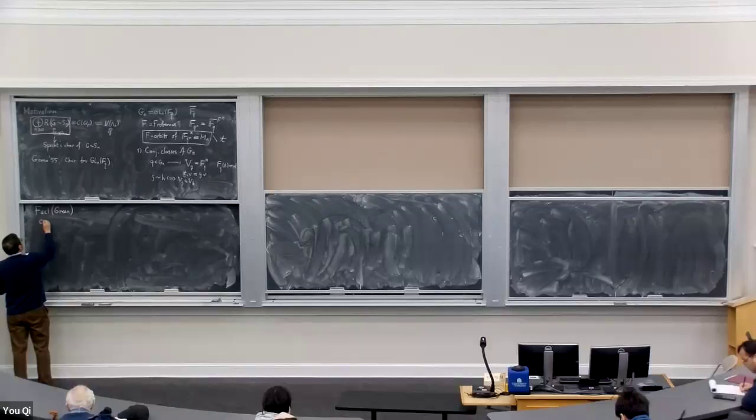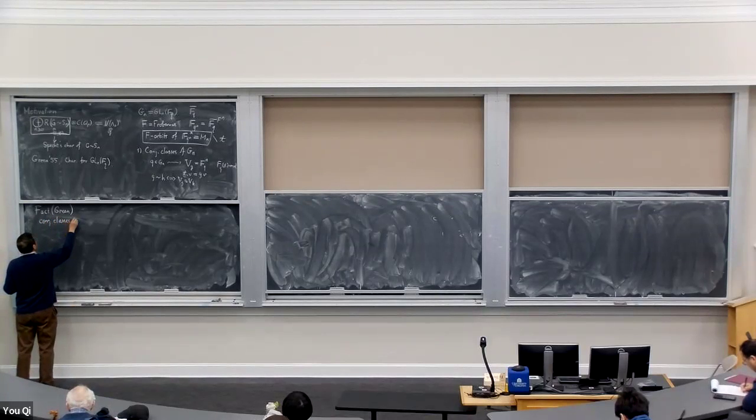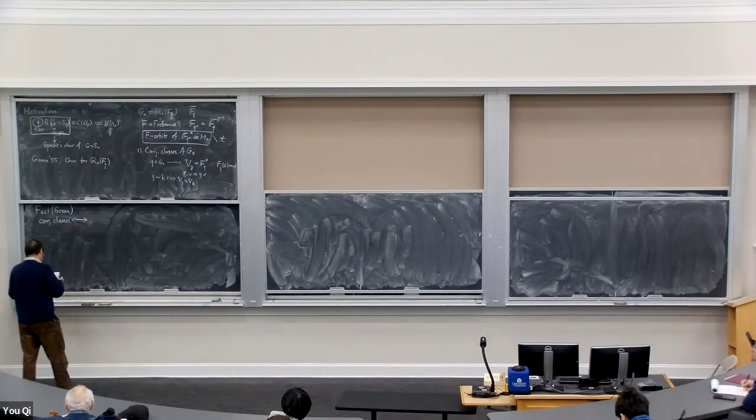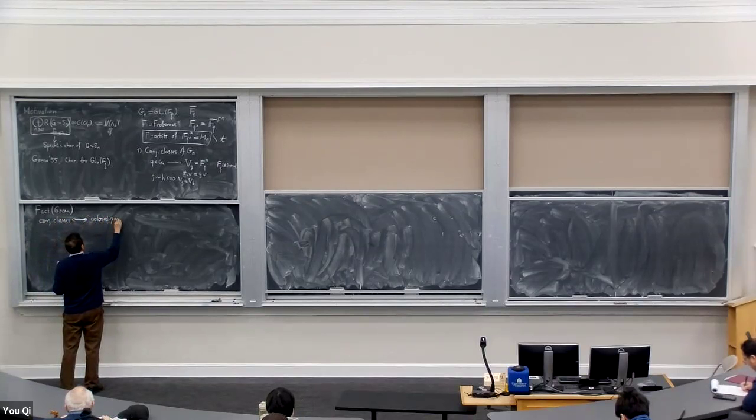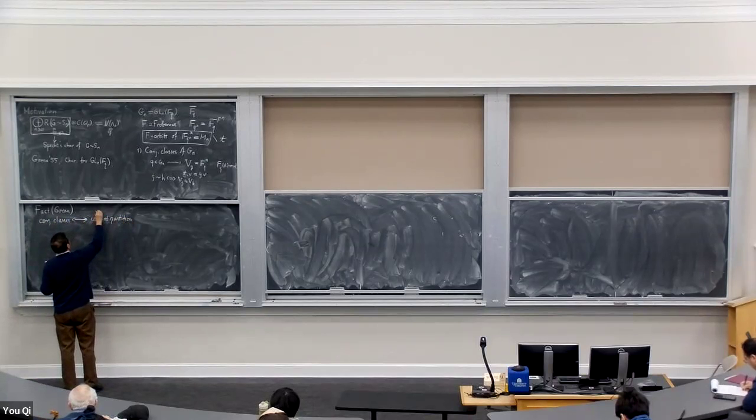The conjugacy classes correspond to so-called color partitions, and you have to put the weight. The weight is the color partition.